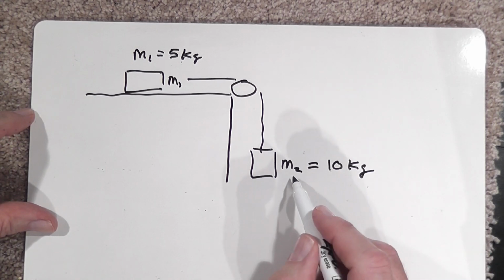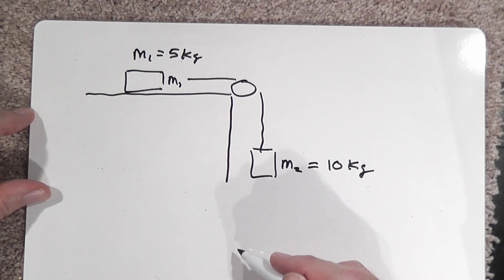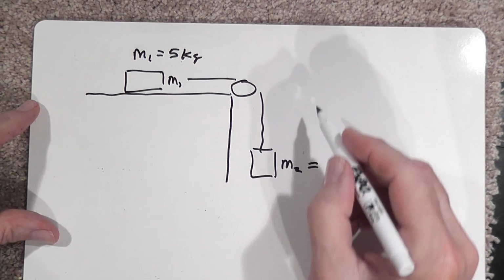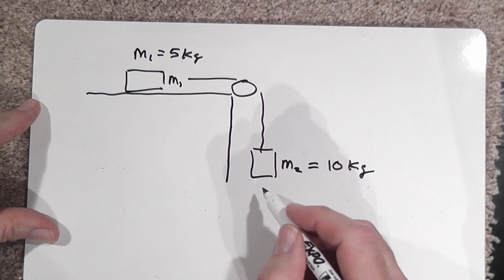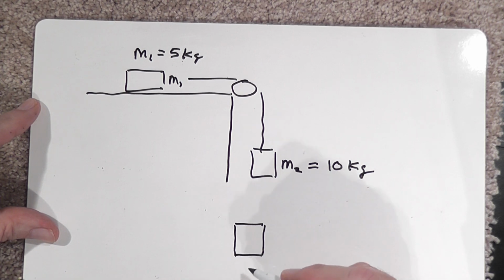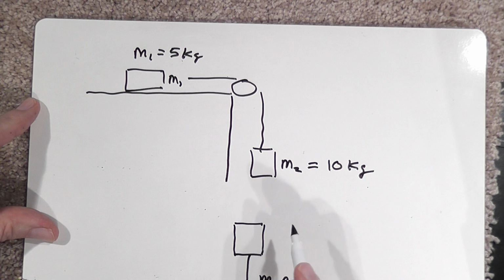So let's take M2, and we just need to take one of these, and let's draw a free body diagram. And by the way, I didn't cover that in the last slide. A free body diagram for M2, mass 2, would be, first of all, its weight, which is M2G, because this is mass 2.